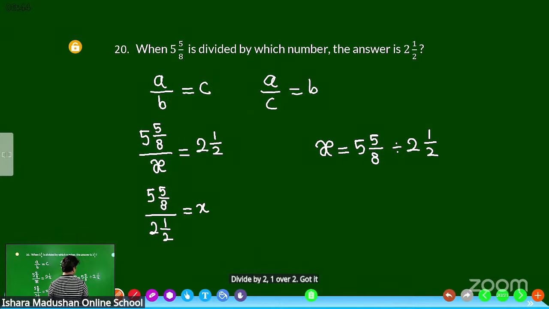Make it an improper fraction: 8 into 5 is 40, 40 plus 5 is 45, so 45 over 8. 2 into 2 is 4, 4 plus 1 is 5.